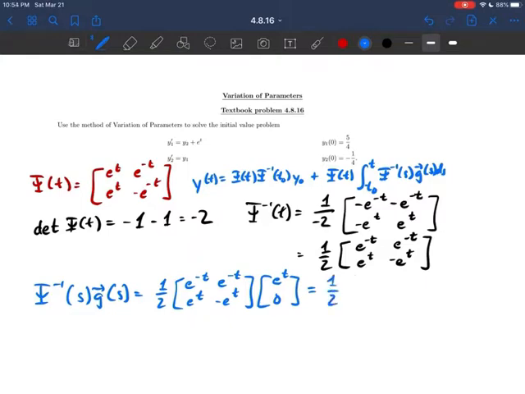And so we still have the 1/2 out front, taking the first row times the given column, and we get just e to the minus t times e to the t is 1. And then the second row times the column, we get e to the t times e to the t, so that's e to the 2t. Now, I have made a mistake here. I'm going to correct this really quickly.